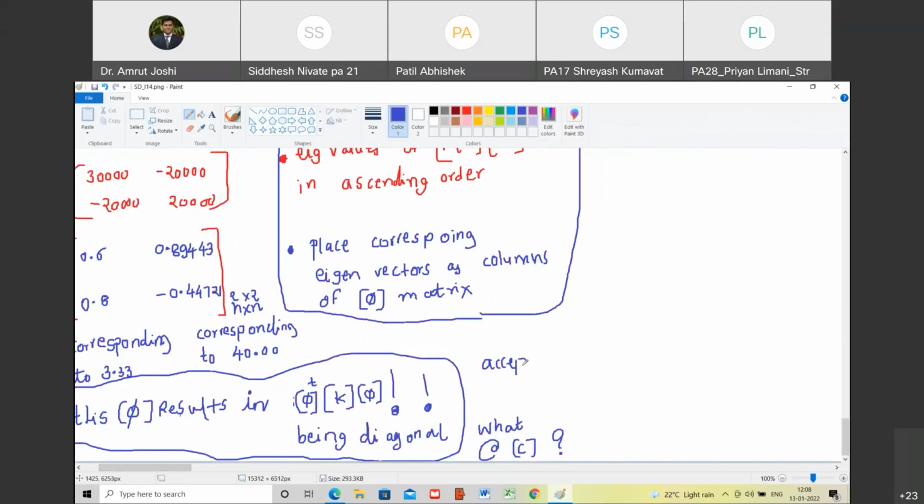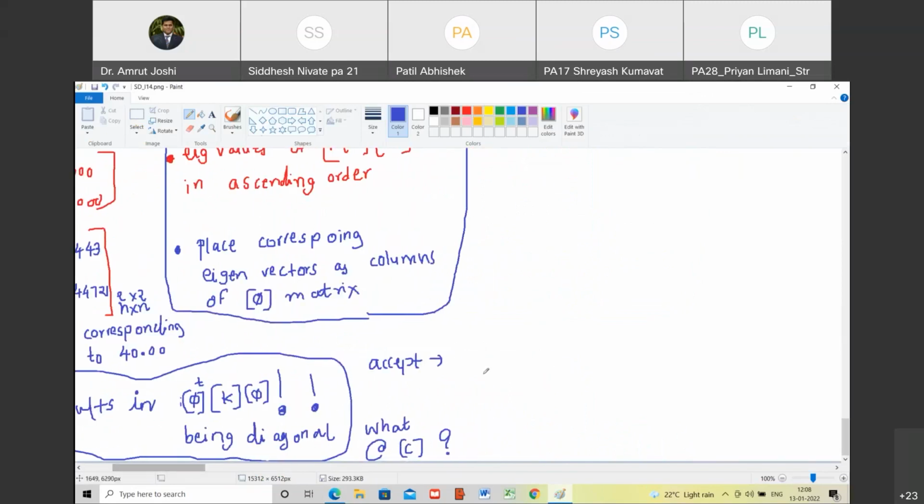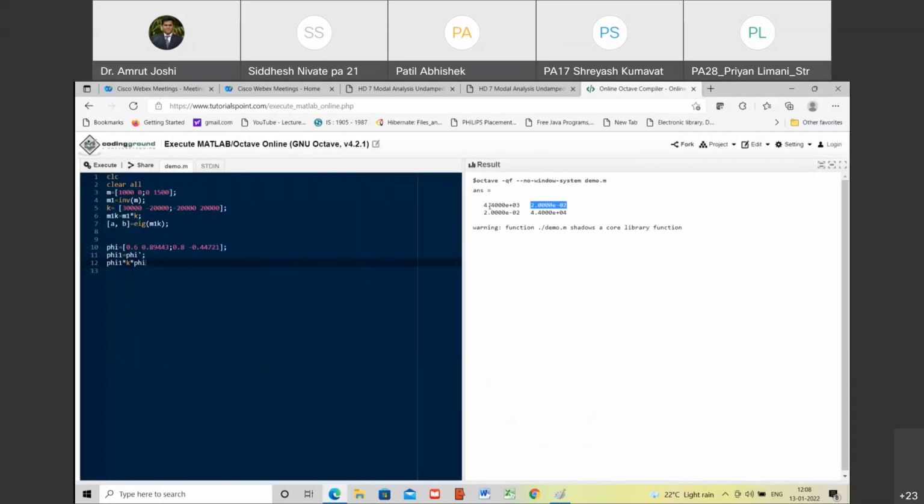Why do we accept it? Because we have done the calculations. I have shown you. So what is phi transpose k phi in this particular case? Tell me. What is the value? That I am going to write down. The value of phi transpose k phi is 4400. Look, 10 power 3, right? So it is 4400. Do you agree? Yes, sir.